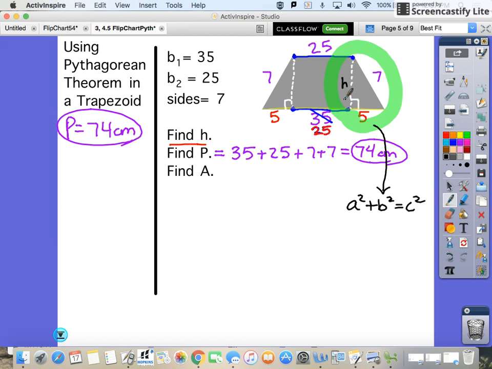That's the height that we're looking for. So we're going to replace that. And b is 5 squared equals c is 7 squared. So we have h squared plus 25 equals 49.